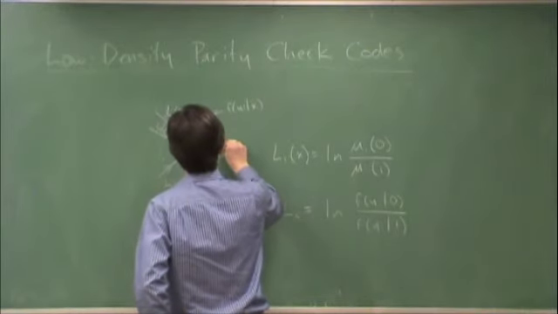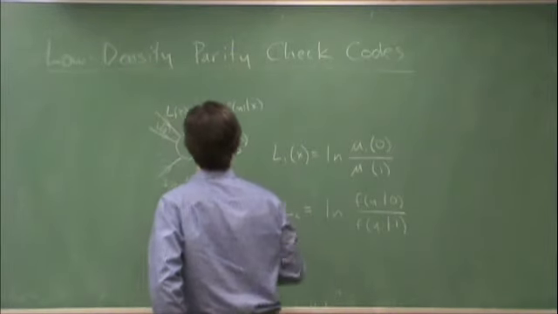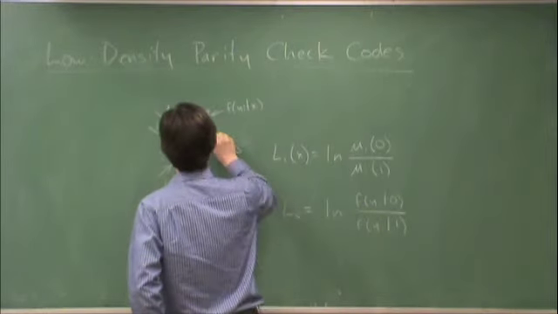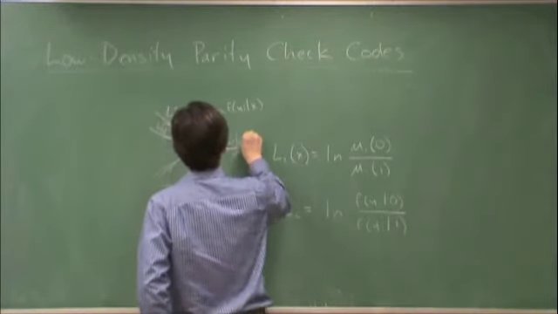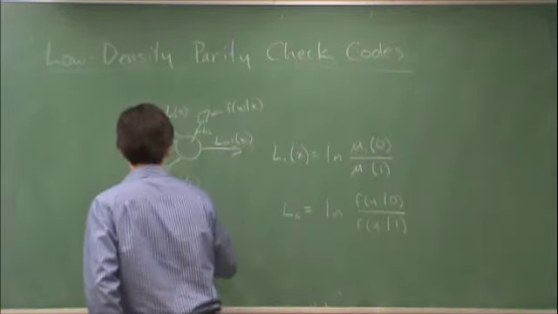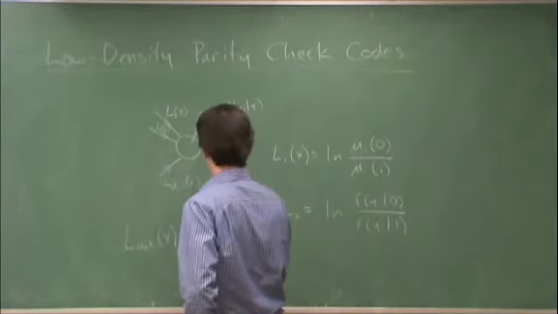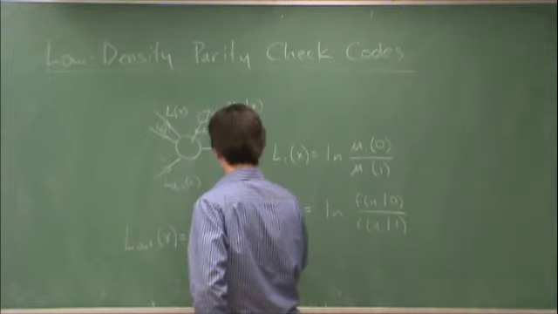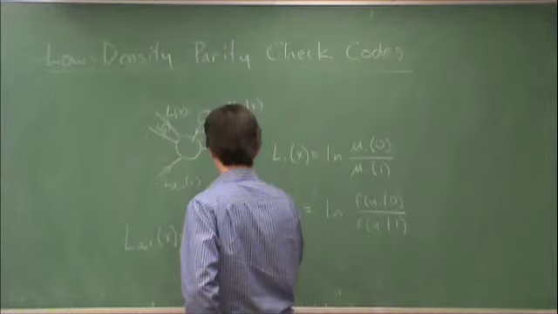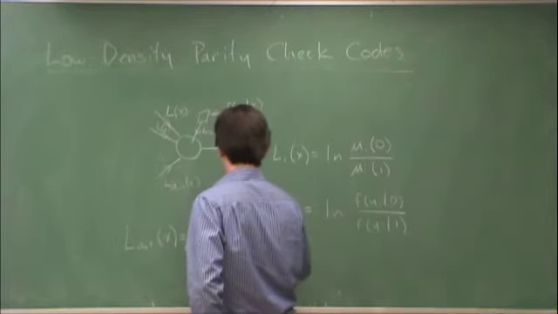Now for the outgoing message, mu out of x, what I have is L out of x. L out of x is the natural log of mu out of 0 divided by mu out of 1.